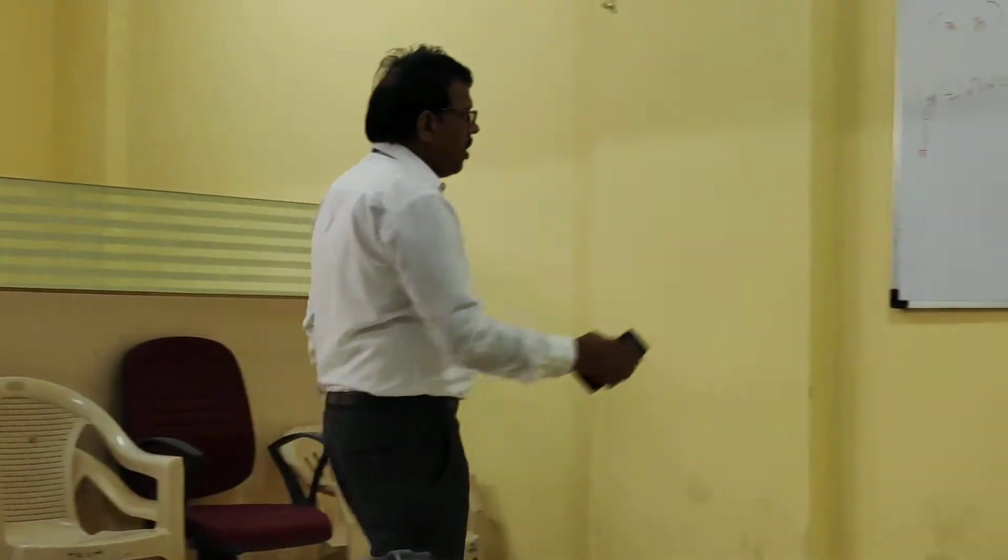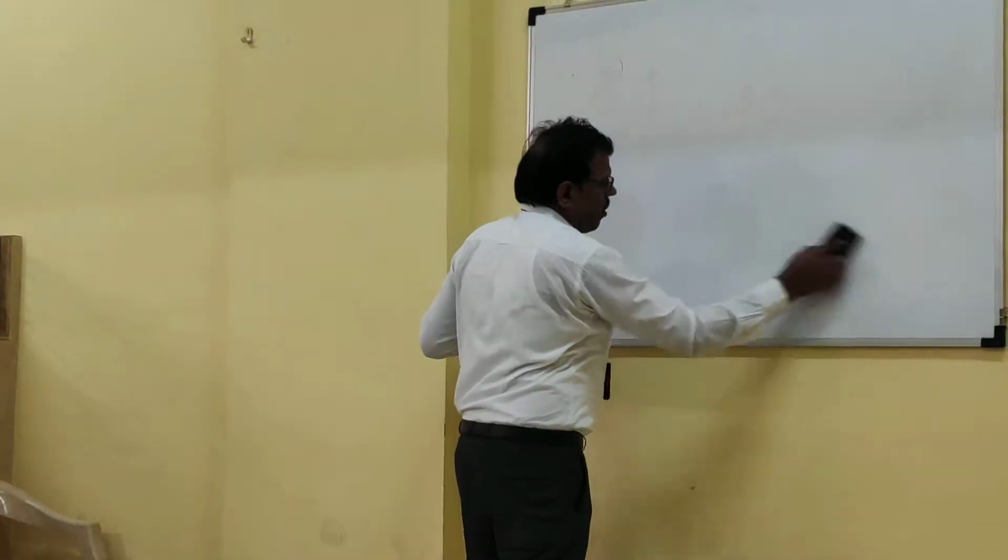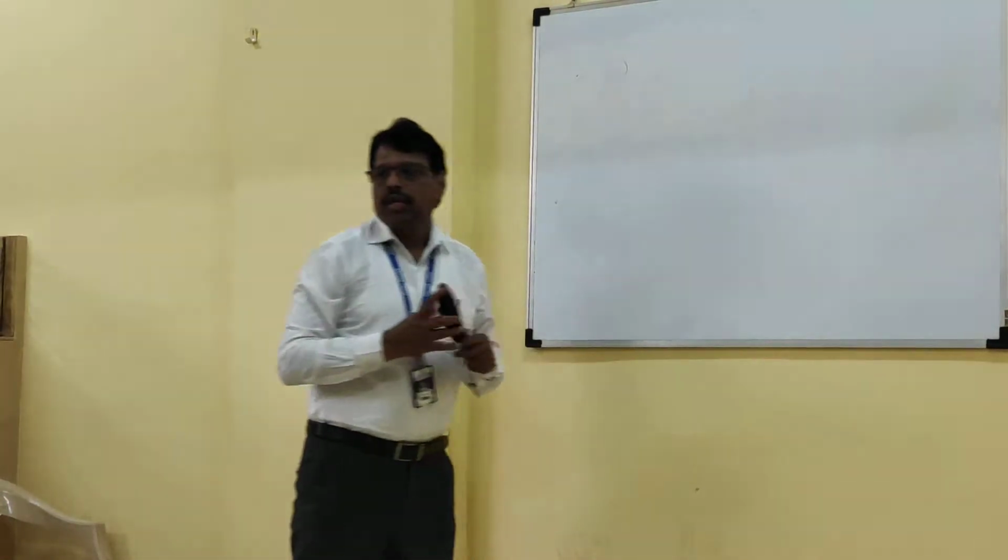The second unit is numerical integration. Before that, we know what is meant by derivative, integration, trigonometry, all these things given from 11th standard. Right from trigonometry, we study trigonometric functions: sin, cos, tan, sec, cosec, cot.